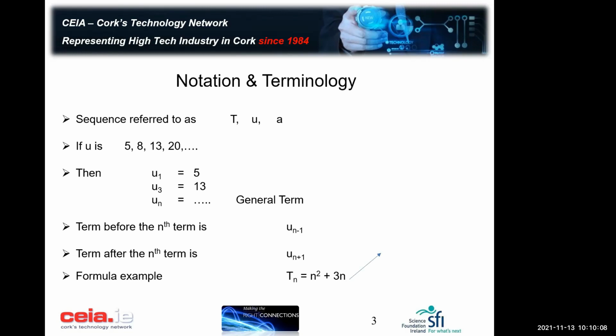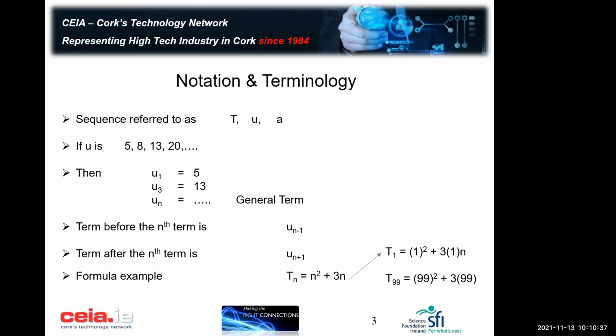So if you were given a formula, for example, T of n, in this case they're referring to the sequence in terms of T. T of n, they're saying for any general term, you can solve it by the formula n squared plus 3n. So for T1, if you wanted to find the first item in that sequence, you substitute 1 in for n, and you do that right across the formula.